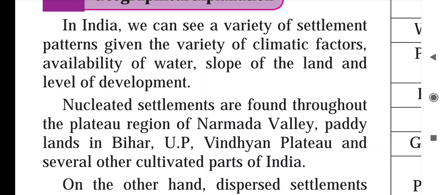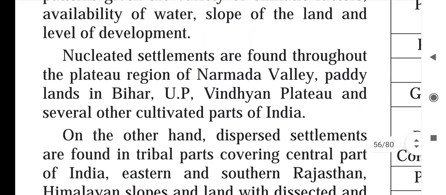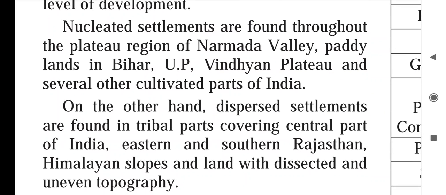Then slope of land and level of development, what does that mean? It means all the development in the medical field, industrial field, educational field, all those fields. If there is development, then people like to live in this region. Next it is said here, nucleated settlements are found throughout the plateau region of Narmada Valley. Where are the plateaus?